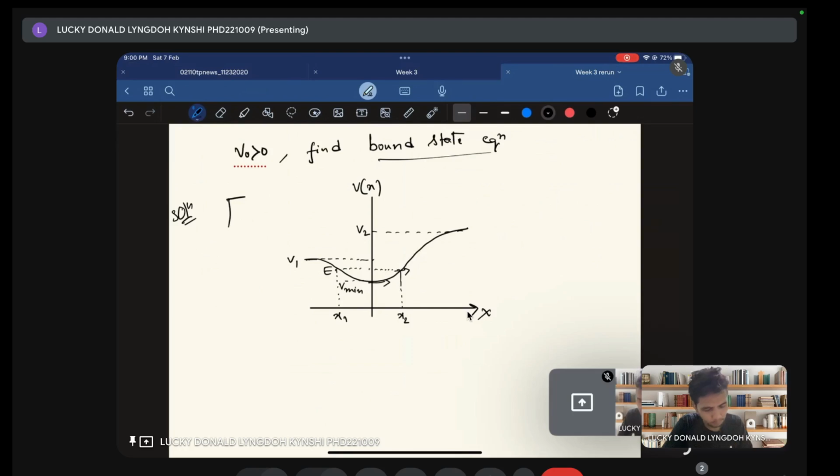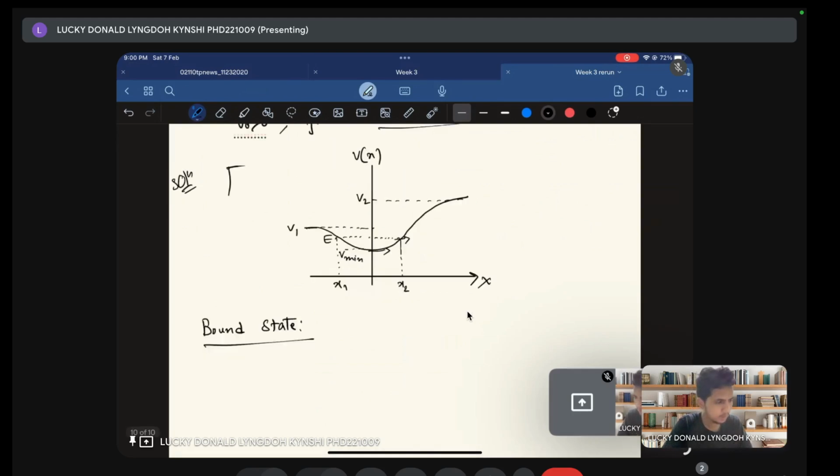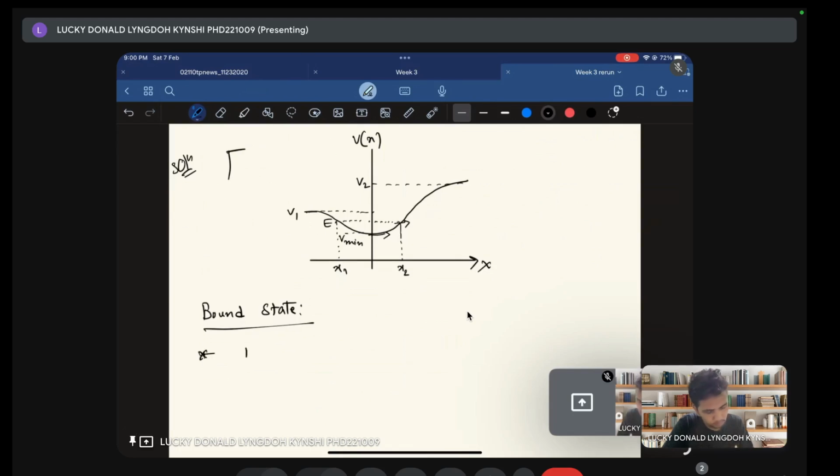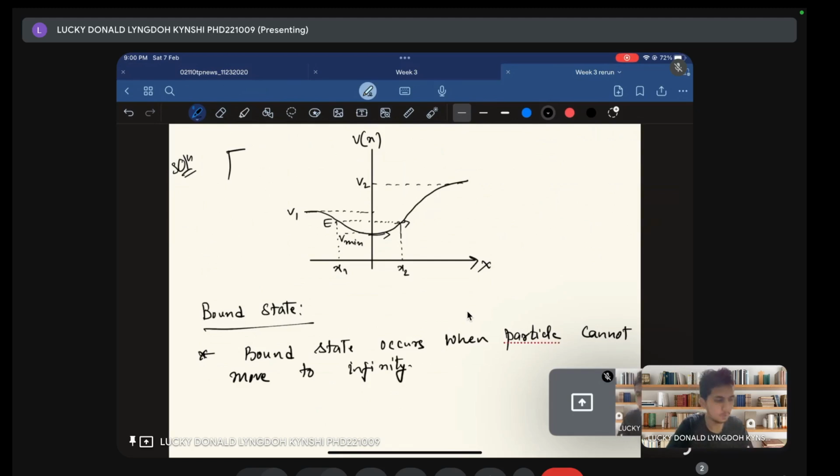What I'm trying to say is that a bound state occurs when the particle cannot move to infinity.